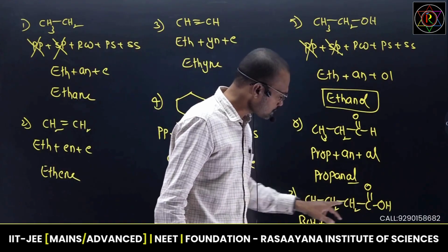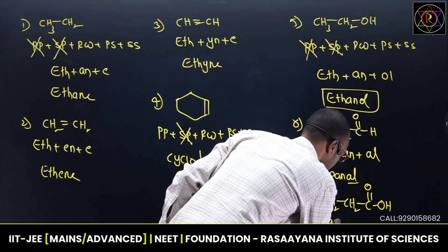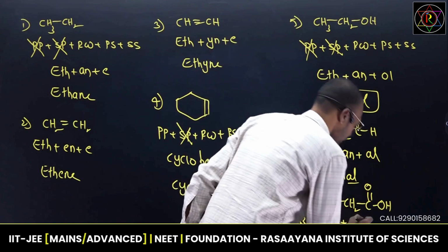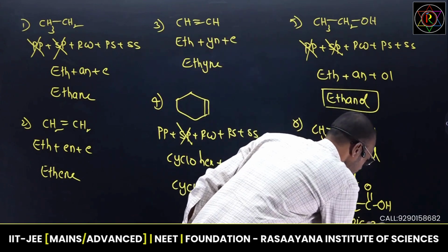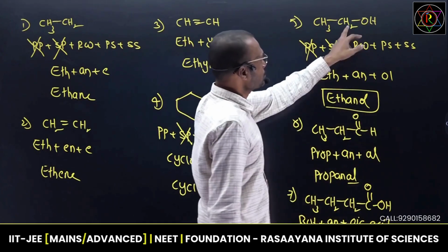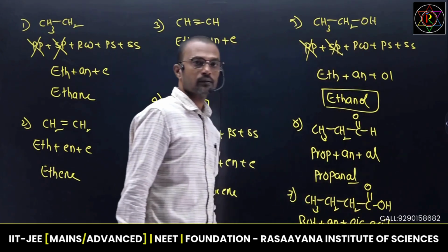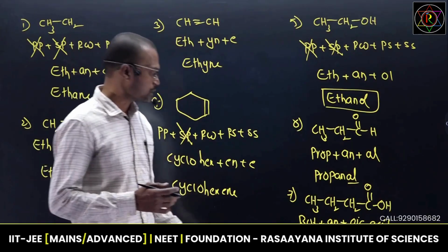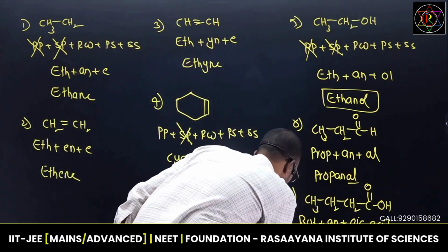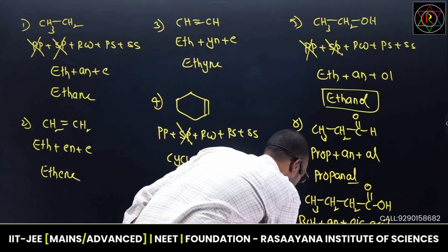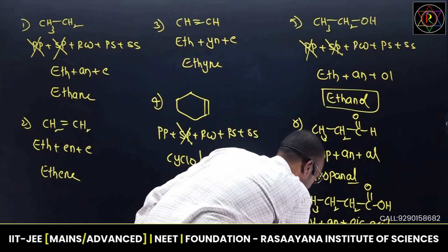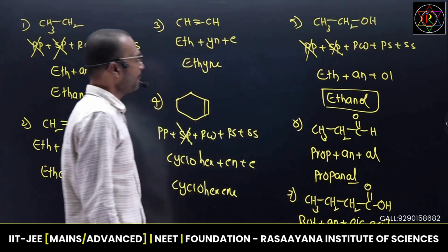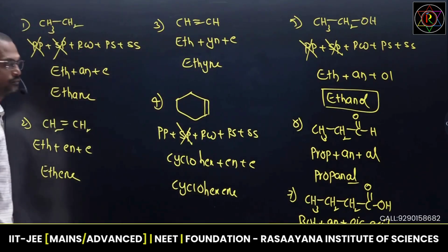All are single bonds, so I can use an. Then there is a presence of carboxylic acid. What is the secondary suffix for carboxylic acid? Oic acid. So I can say directly, the complete name is butanoic acid. That is secondary suffix usage as a principal functional group as compared to substitution.